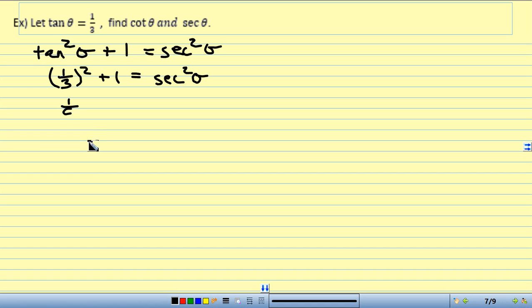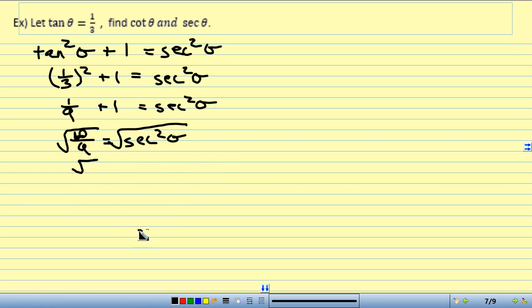That's going to be 1/9 plus 1 equals secant squared theta. That's going to be 10/9 equals secant squared theta. So I take the square root of both sides, and I get square root of 10 over 3 equals secant theta.